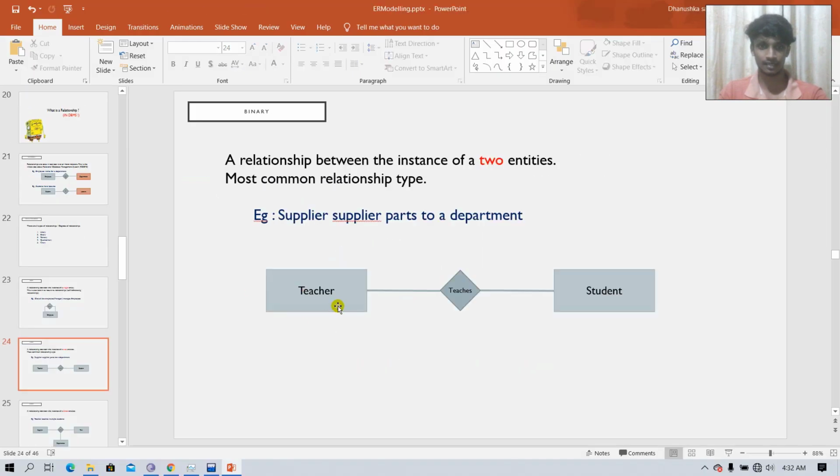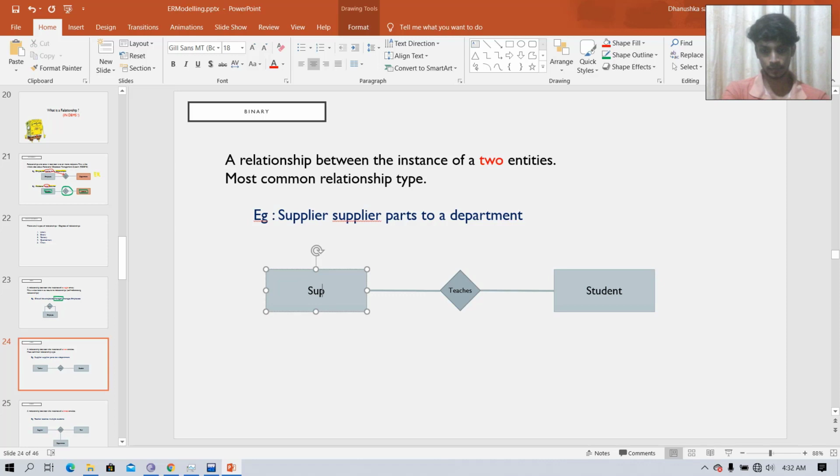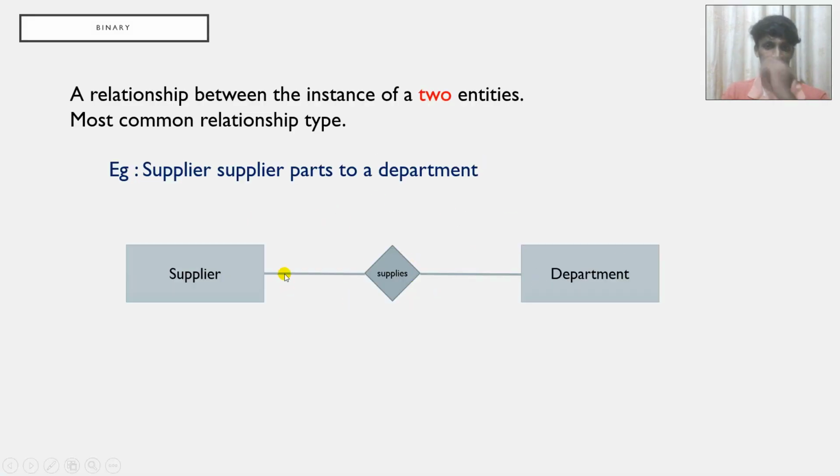I have made a mistake again over here. This will be supplier, and this will be department, and the relevant relationship will be supplies. It should be in singular format, otherwise it's not correct.